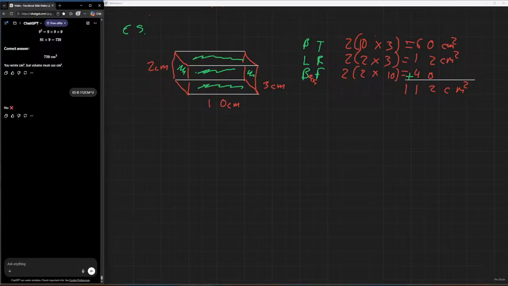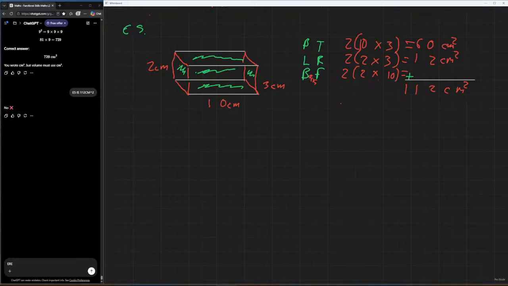Times 30, 2 times 30, 60. 2 times 6 is 12. 2 times 10. This is what I did wrong. This one is wrong here. It's not 40. Why did I write 40? 2 times 10 is 20.